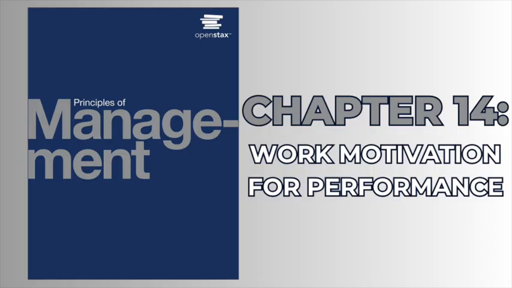McClelland believes that these three needs are learned, primarily in childhood. But he also believes that each need can be taught, especially NOC. McClelland's research is important because much of current thinking about organizational behavior is based on it.